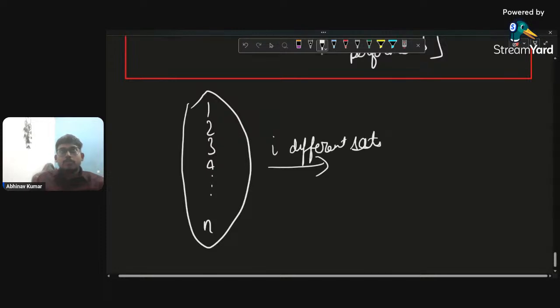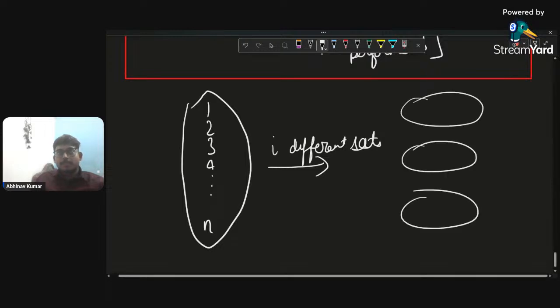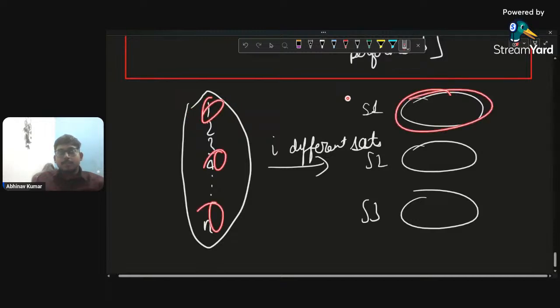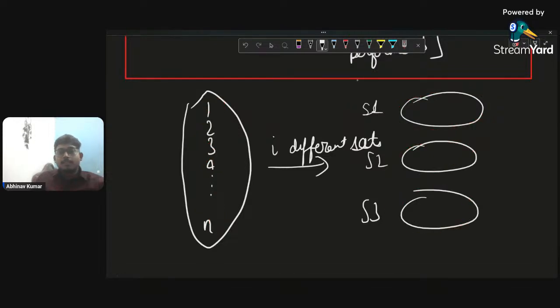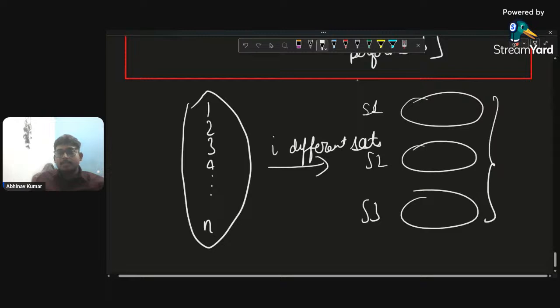Let's say I is 3, so there are 3 sets, s1, s2, s3. There would be some group of people assigned to set number 1, some group assigned to set number 2, some group assigned to set number 3, and then these I sets are assigned to the I stages.